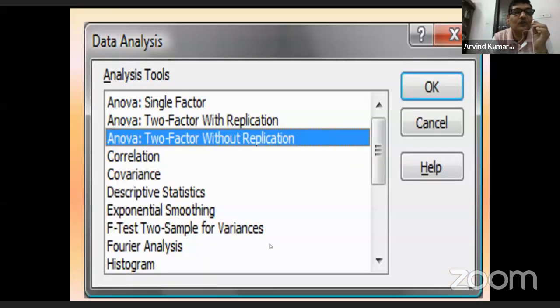It is also quite easy to do. Here also, you go to the data analysis. Now this data analysis shows single factor, that is one-way ANOVA, then 2 factor with replication, then 2 factor without replication. So we are going to learn 2 factor without replication.